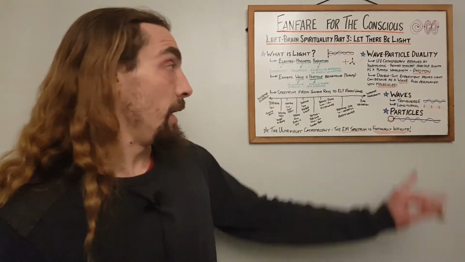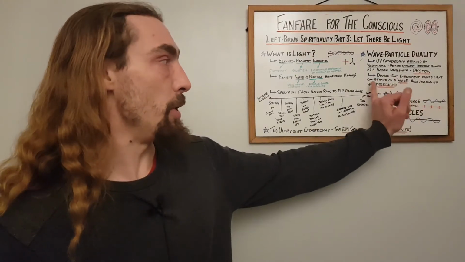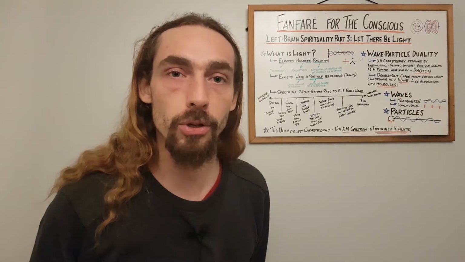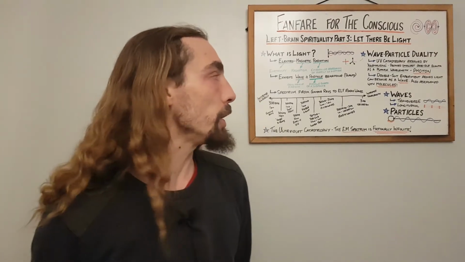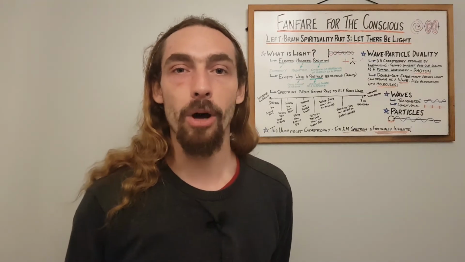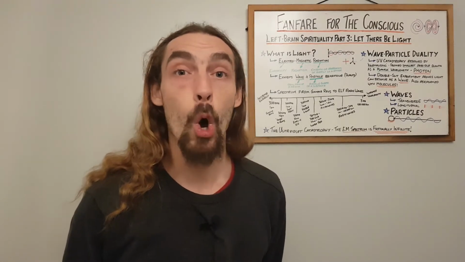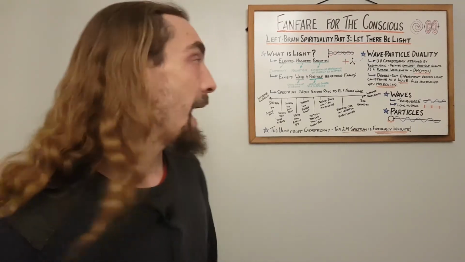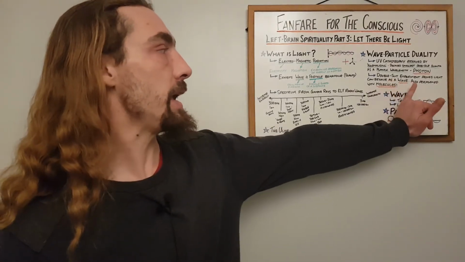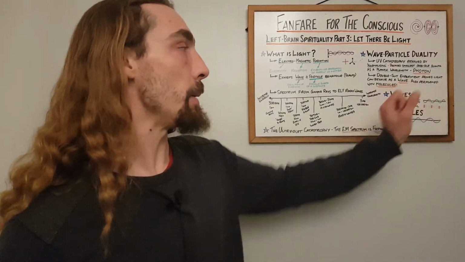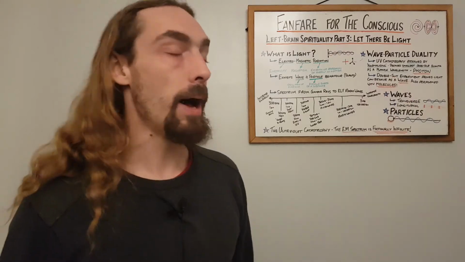And more interestingly, the double slit experiment has also been performed with molecules. So we're not just talking about single photons of light, we are talking about molecules of matter made of tens and sometimes even hundreds of atoms being seen behaving in a wave-like manner and not in a particulate manner.